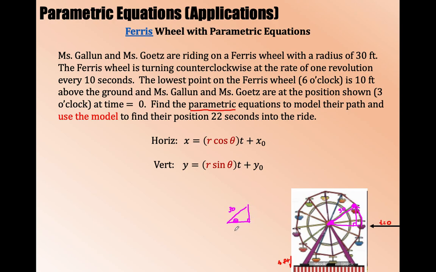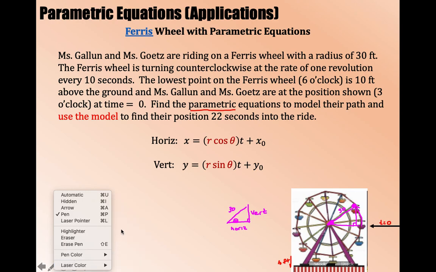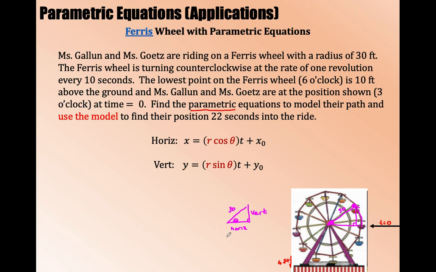So, using our triangle trig, this is the horizontal component of our movement, and this is the vertical component of our movement. What do we know here? Don't you know that the cosine of that central angle is equal to the horizontal component over the hypotenuse?